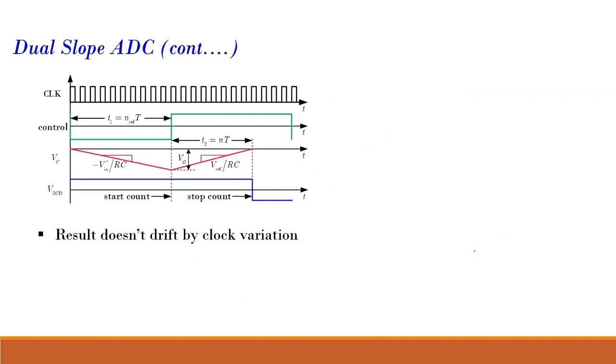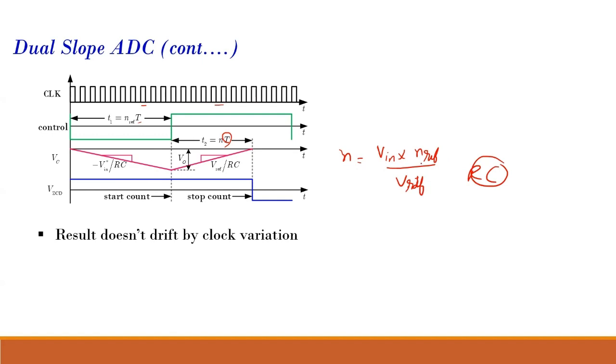Over here they've told the result doesn't reflect clock variation. So T can change. Suppose T is changing, then it will change for this time as well as for this time. Because N, as we have told, is given by N ref into V in upon V ref, this N is independent of T. T is not in the equation, R also is not in the equation, C also is not in the equation.